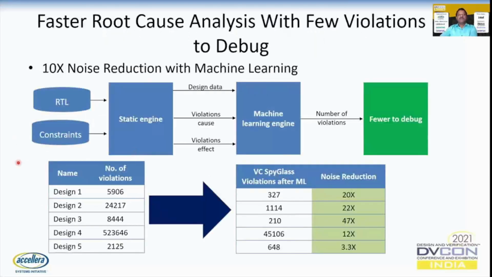You must be interested in understanding how MLRCA improves productivity for designers. Let's go through the high-level working of the MLRCA feature. After static verification performed by VC Spyglass, the machine learning engine works on the database generated. It analyzes all the violations and finds the actual root cause for the issues.